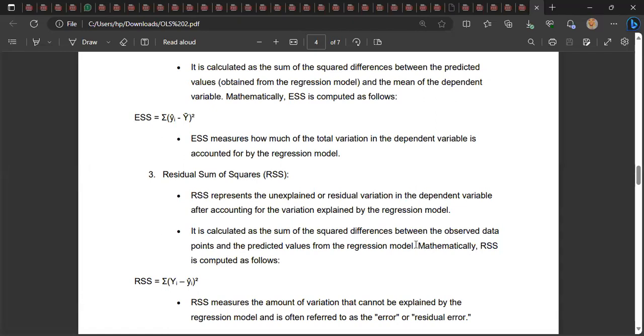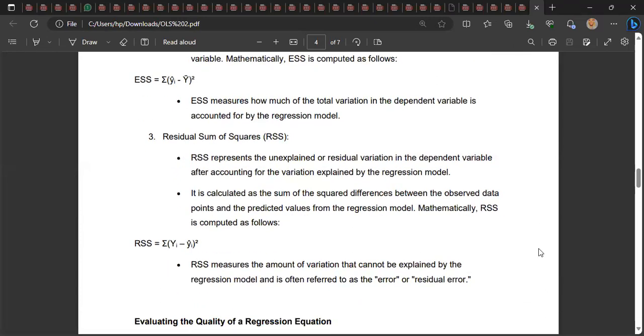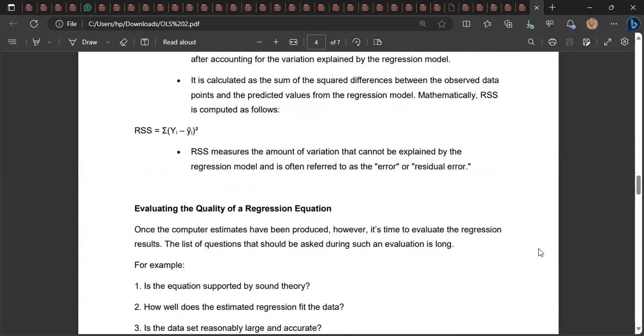Every time you're explaining this, always make sure that you put up your equations there, right? So that's your residual, which is linked to evaluating the quality of the regression line.